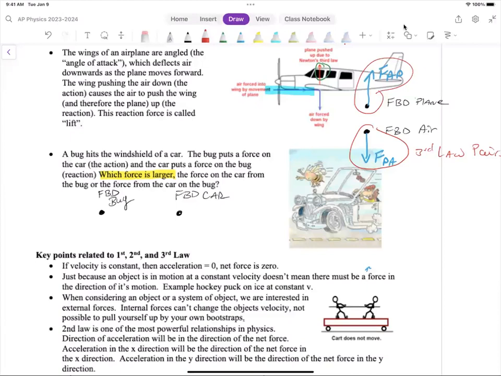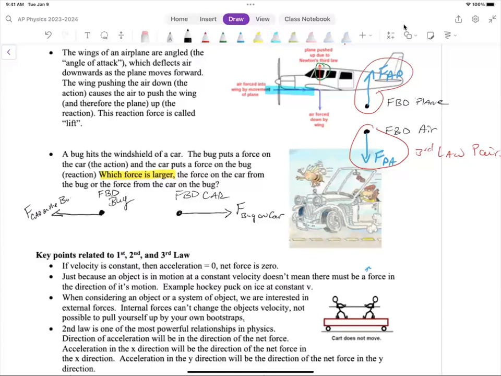And I just got finished saying, third law, it is a physics law, period, not like a principle, it's a law. Here's a free body diagram of the car, the force of the bug on the car, will be equal and opposite to the force of the car on the bug in this free body diagram of the bug.